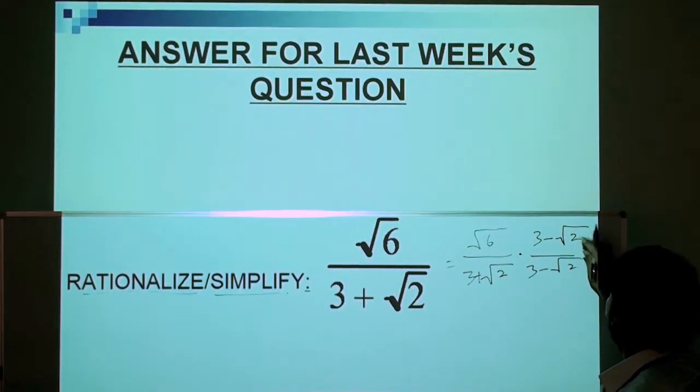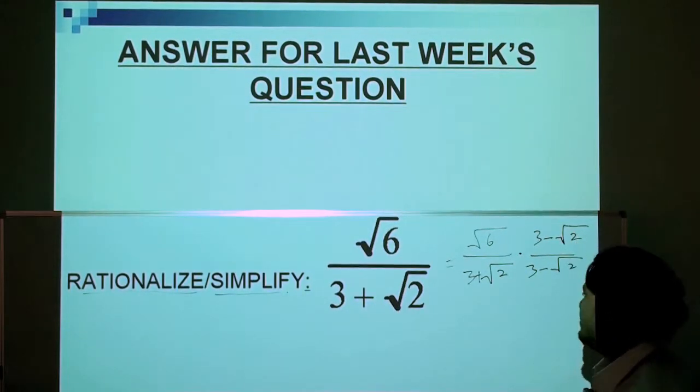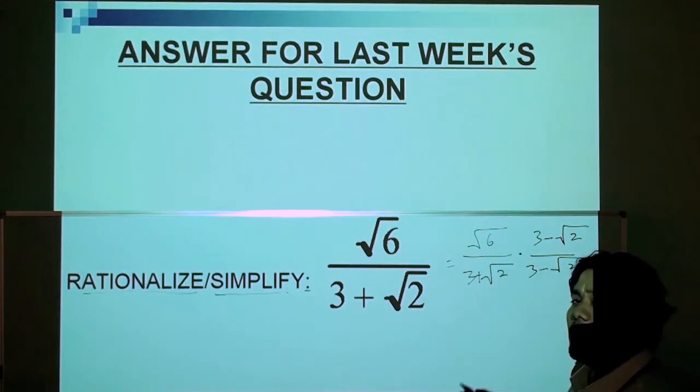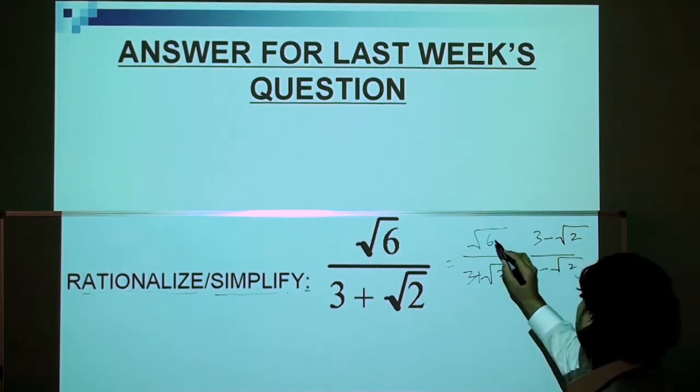Okay, this is the numerator and it also acts as the denominator. Okay, so we use our FOIL method as mentioned last week.